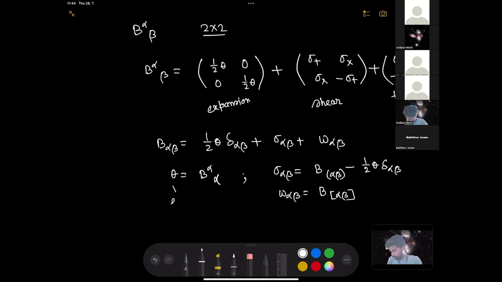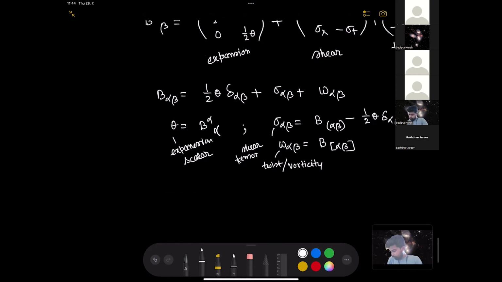So this is expansion again, and this is the shear tensor, and this is the twist tensor, or sometimes called vorticity. Expansion, of course, is a scalar.